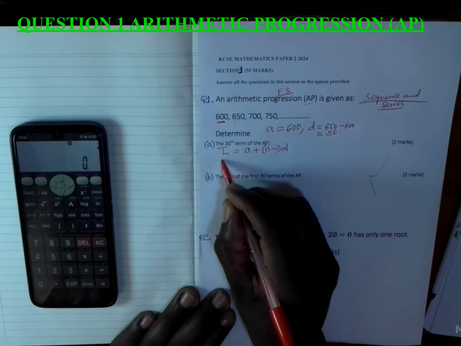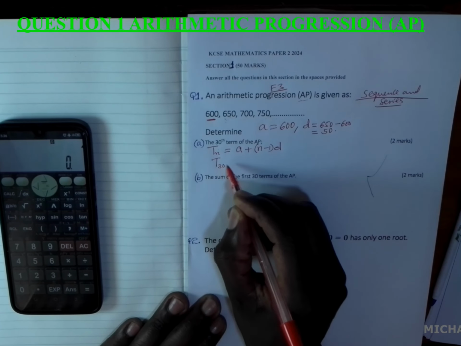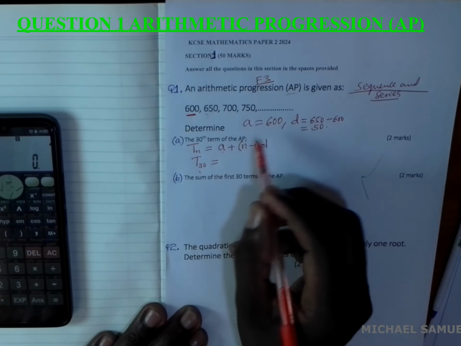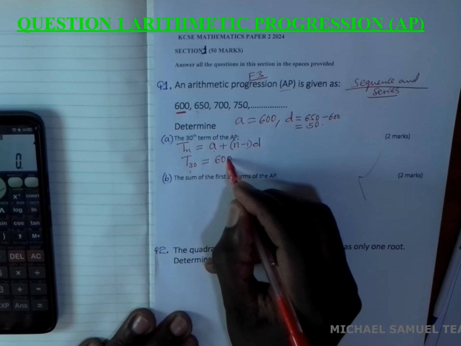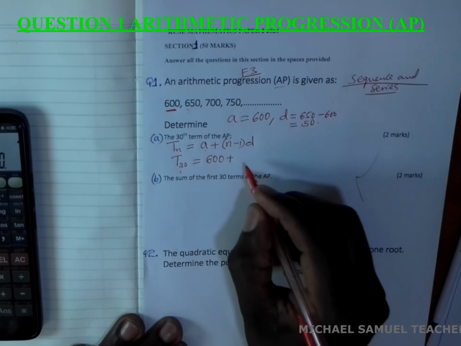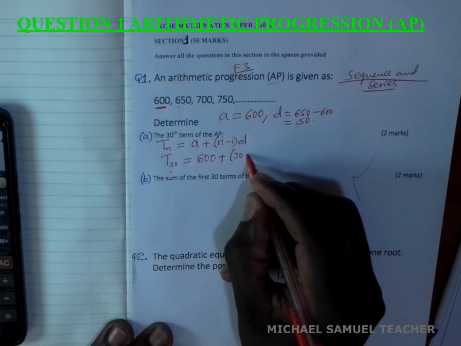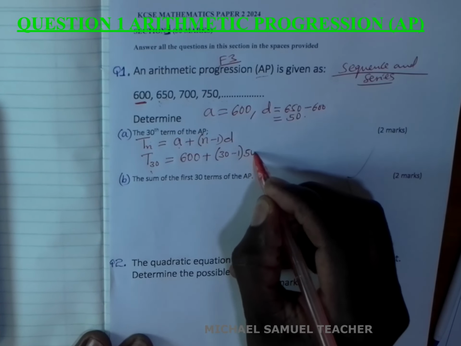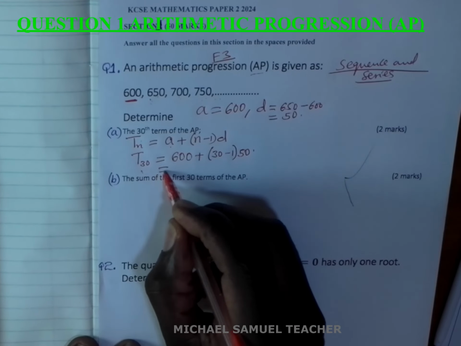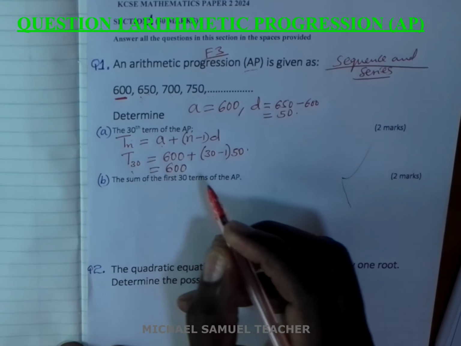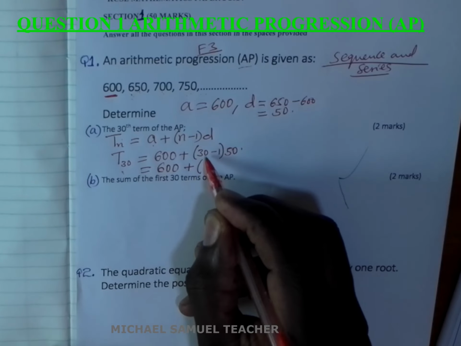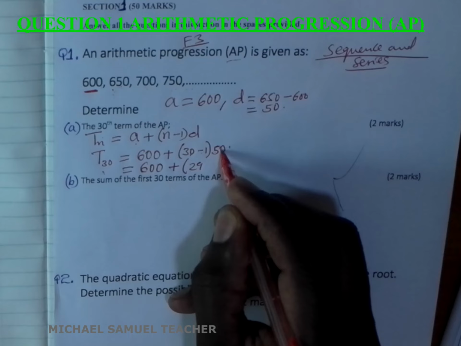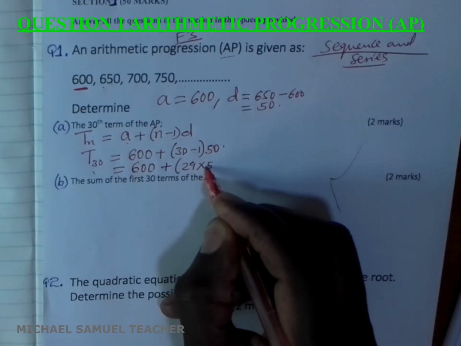So the 30th term will be t sub 30. A is 600, then plus n is 30, so that will be 30 minus 1, then multiplied by the common difference, 50. So this will be 600 plus 30 minus 1, that is 29, times 50.